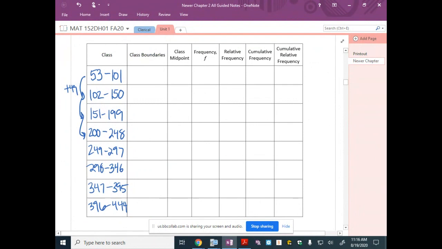If we had only used 48 as our class width, this would have stopped at 436 or 437, I believe. What's the problem with that?